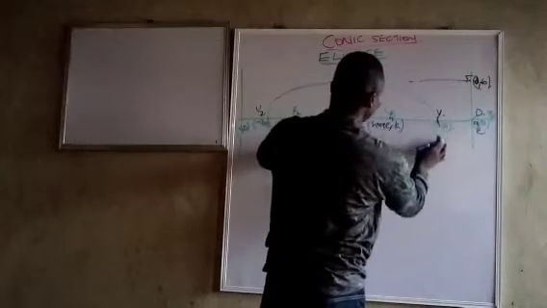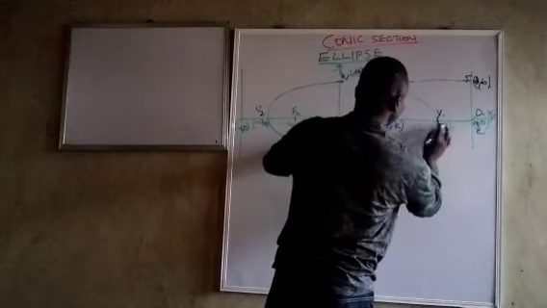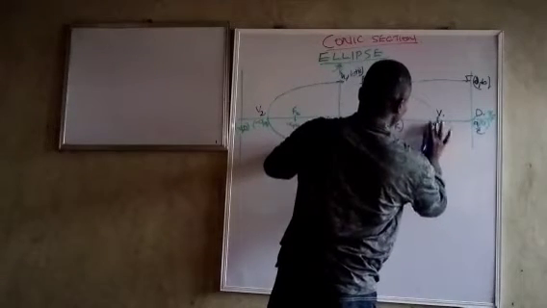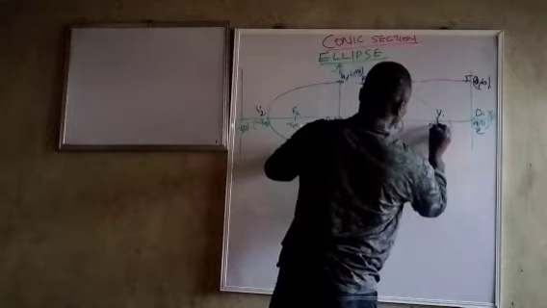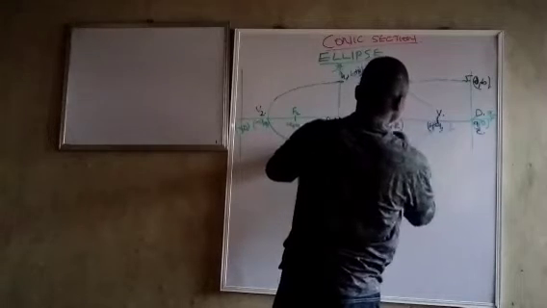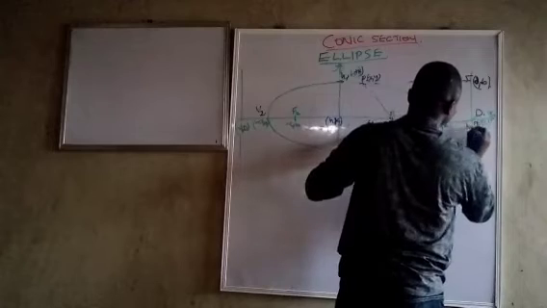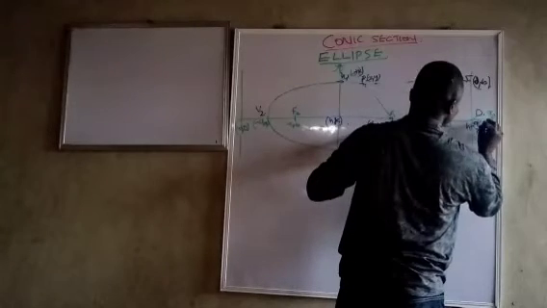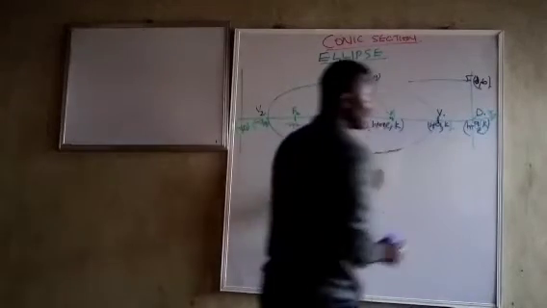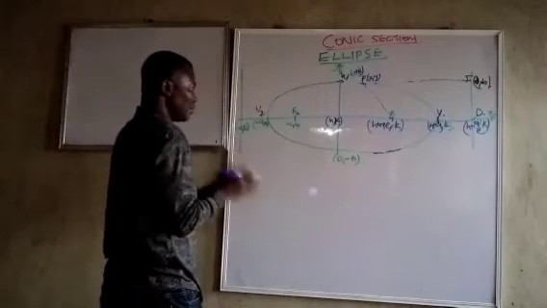What happens here? It will be h plus a. And this place will be k. This place will be h plus ae, and this place will be k. So please, I want us to get it very well.